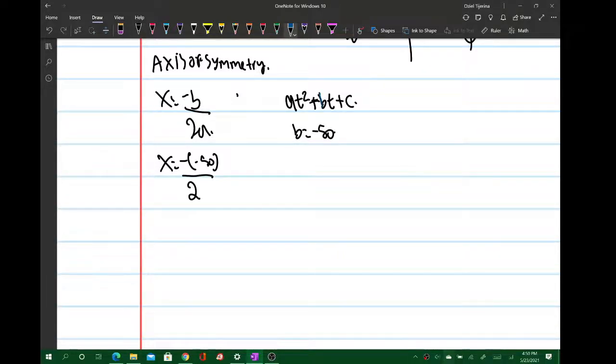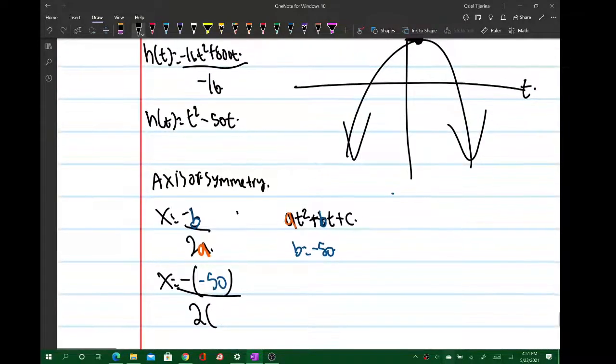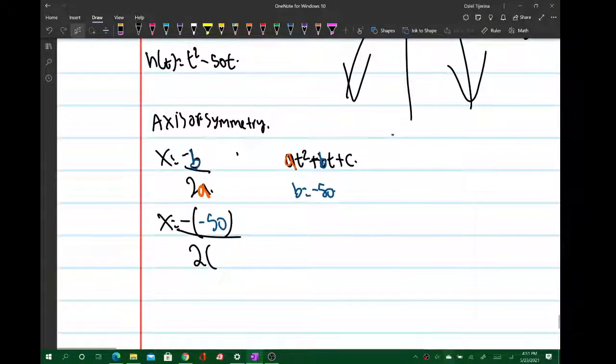Because if you think about it, right? So then, this would be negative 50, and you would say x equals negative of the quantity negative 50 over 2 times, what is it, 1?